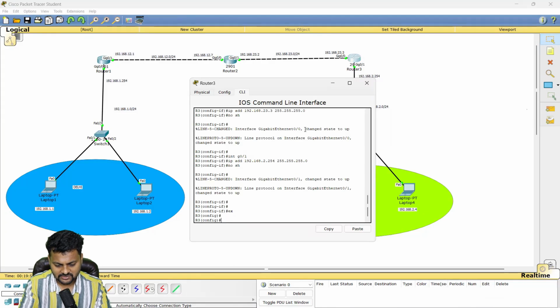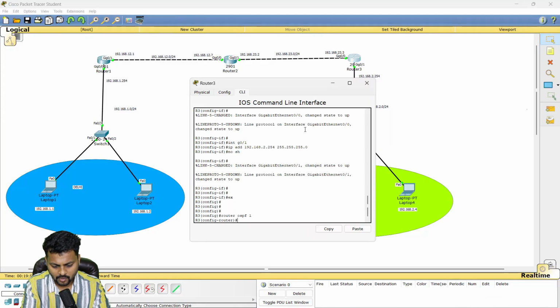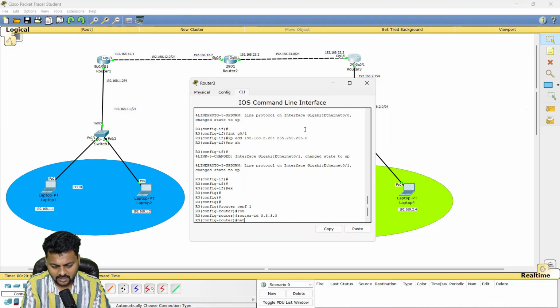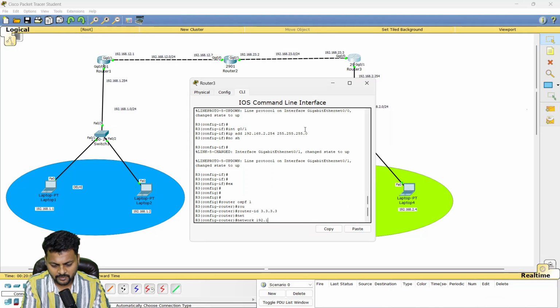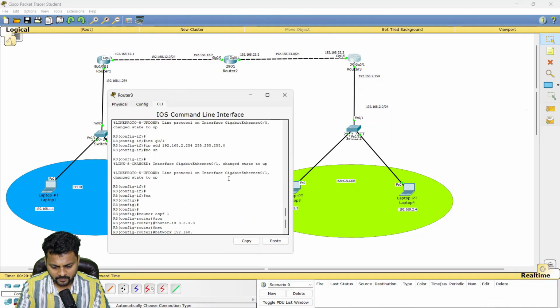And then we have R3 as well. On R3, we have router OSPF number 1, router ID will be 3.3.3.3. Network will be, I have two networks. Let's do something magic over here. I'm going to use a single line of configuration to advertise both networks.